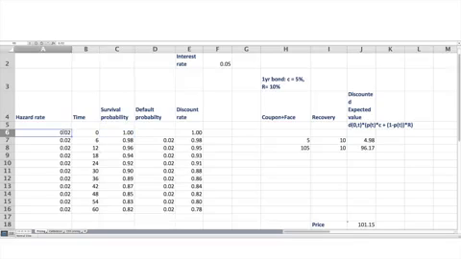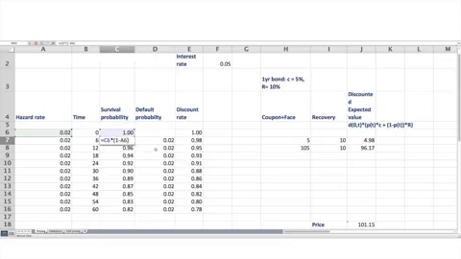The hazard rate at time 0 is 0.02. So the probability that I default in the next 6 months is simply the survival probability times the default probability. The conditional probability of default is the hazard rate. The probability that I've survived right now is 1. I take the product of that, and that gives me the default probability.